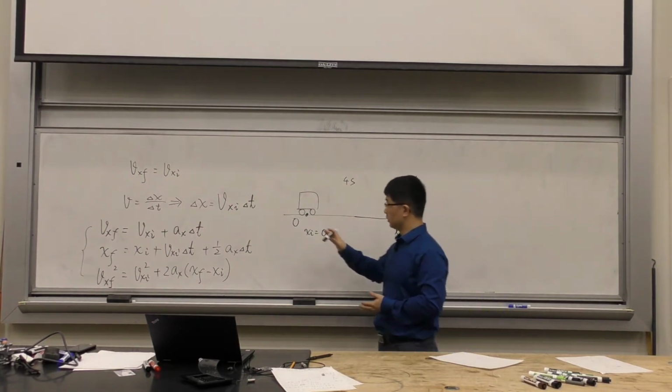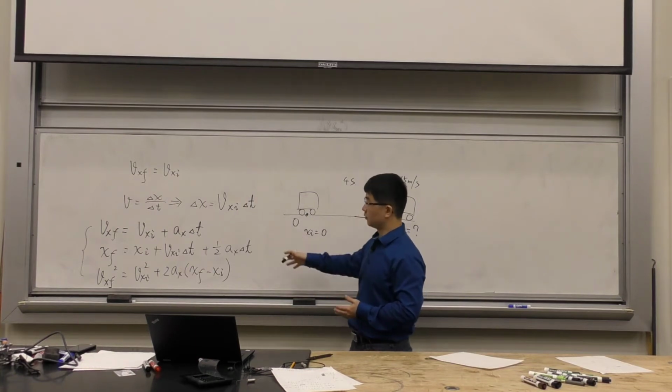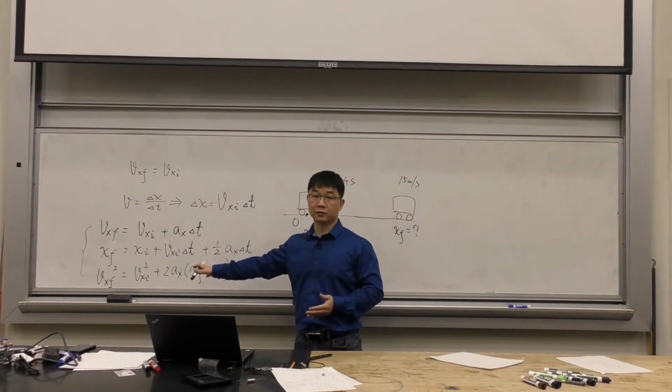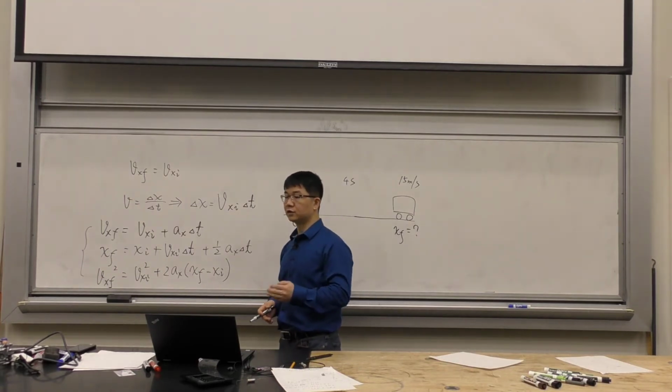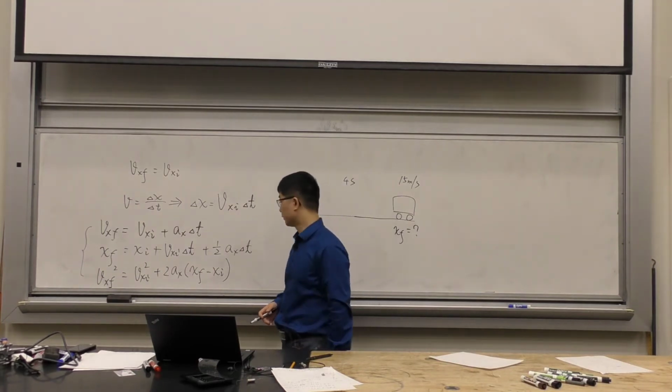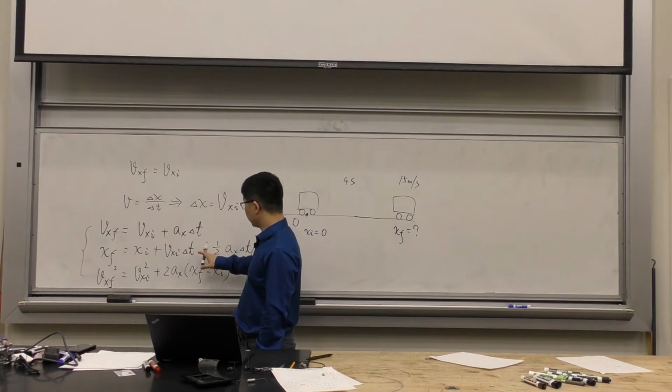Let's see. If I assume this is a constant acceleration motion, it's got to be this theory. It's always this theory in this class, the kinematic equations, when you see constant acceleration motion. For xf, in principle, you can try either the second one or the third one.